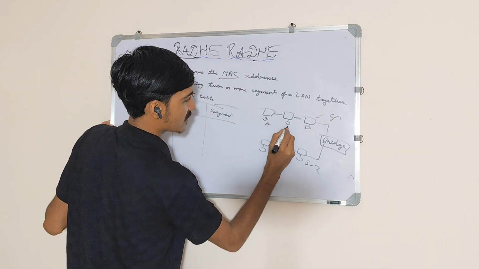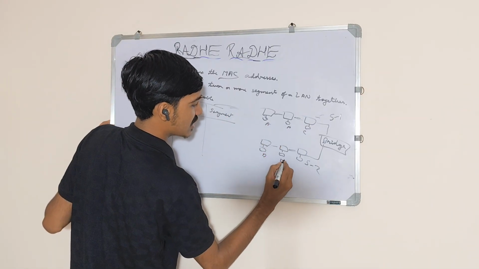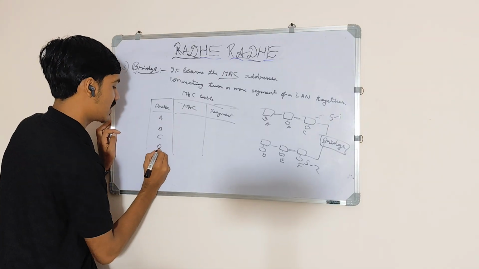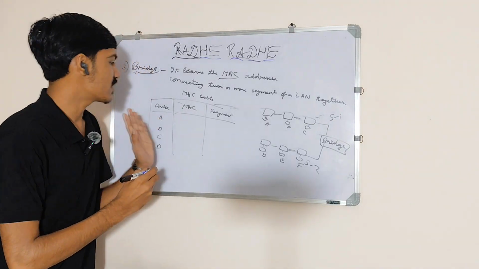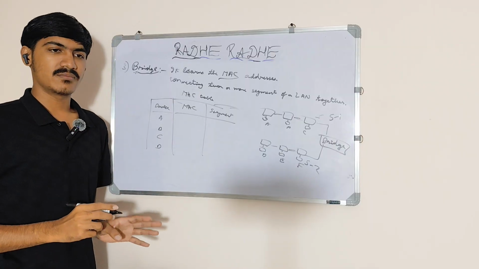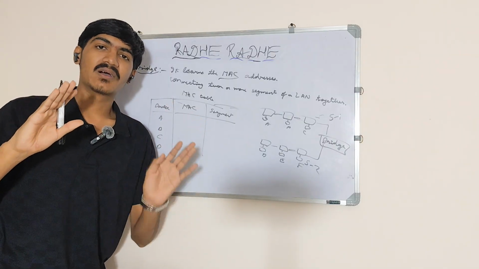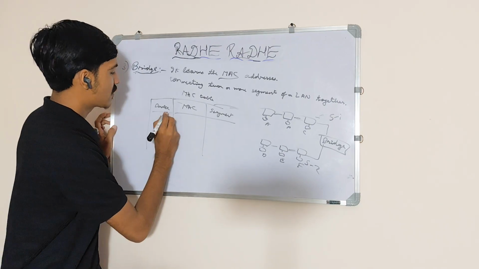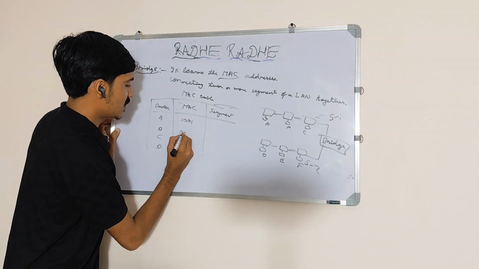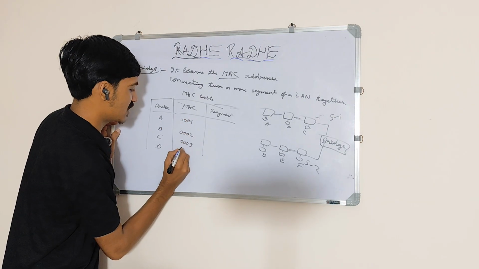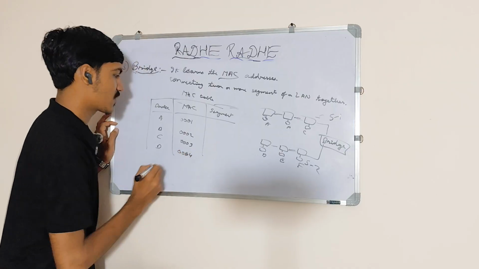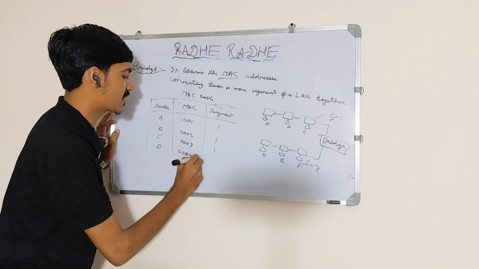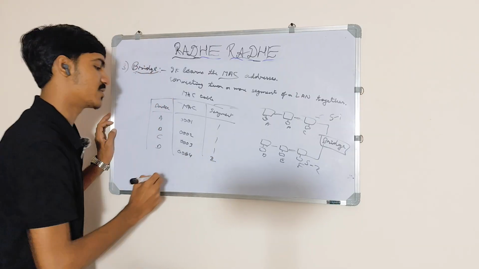Suppose this is device A, B, C, D, E, F. Suppose A's MAC is actually 48 bits, but for now let's assume it's just 4 bits. Suppose A's MAC is 0001 and B 0002, 0003, 0004. Now A is residing in segment 1, B in segment 1, C in segment 1, D is residing in segment 2.